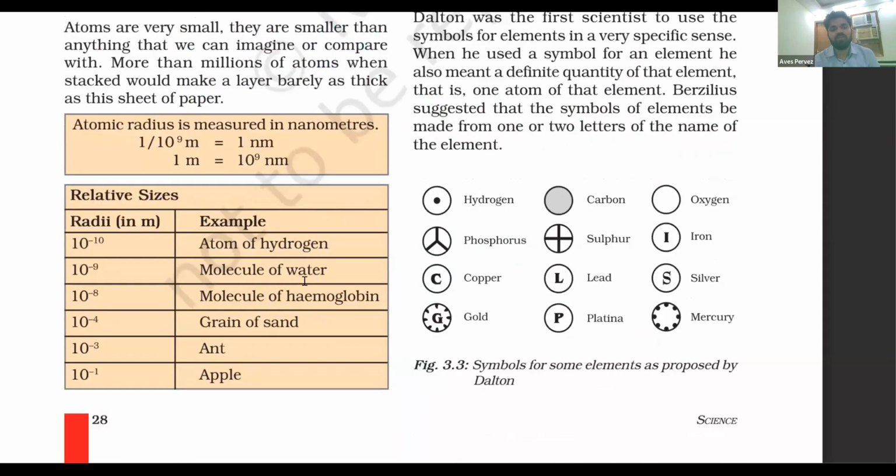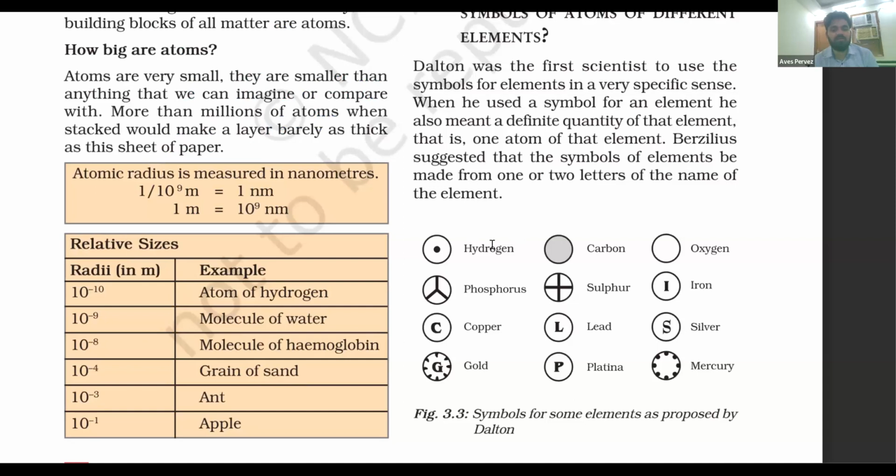Initially their symbols were like this, for hydrogen. In ancient times, not so many elements were discovered, only about 12 to 15 elements. So they had symbols like this, like hydrogen with one atom, phosphorus, copper.